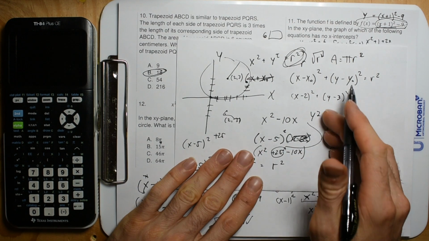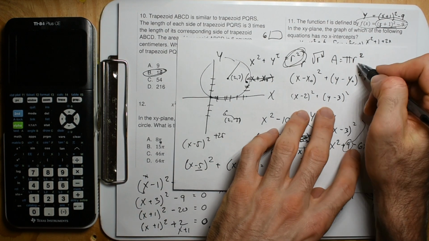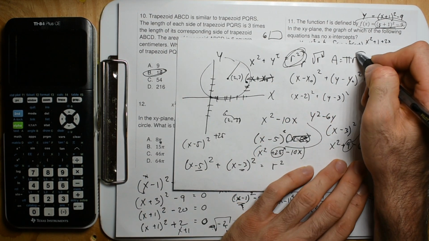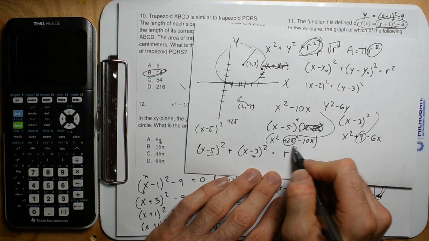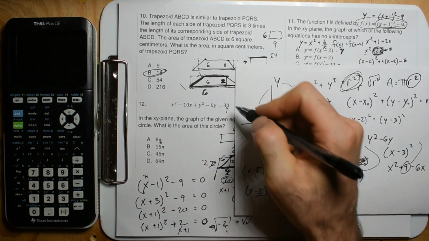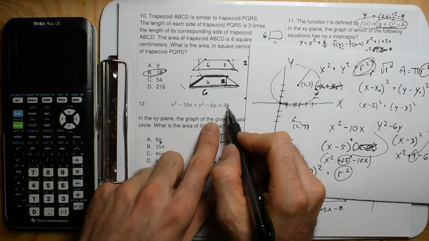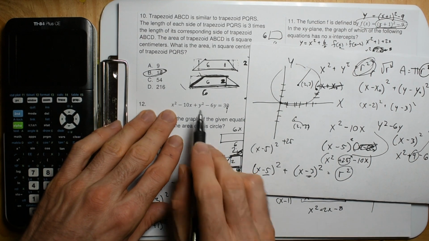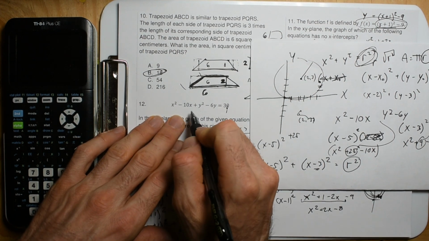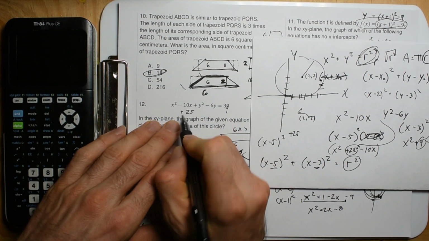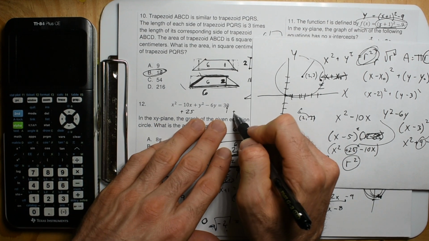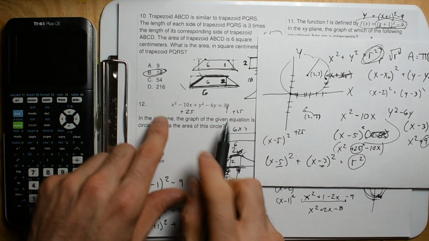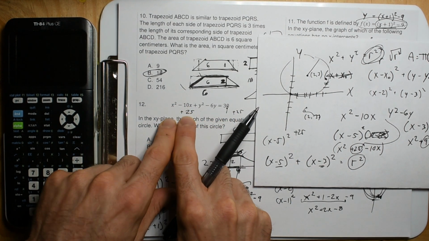So this is the high level way to do this. All you need to do is find that r squared, and I think we did. We had this 30, but on this side, we had to add a 25. That means we had to add a 25 to that side. To make this a perfect square, we had to add 25.